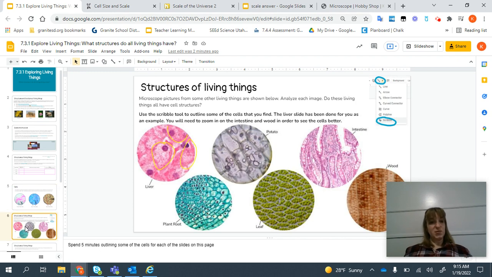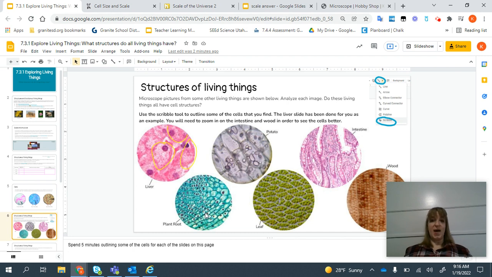So what we're going to do next is on slide 6, I've got some other pictures of different types of living things, and there are cells in each one of these slides. So these are microscope slides, just like we did with the virtual microscope. And we've got a liver slide, we've got potato slide, intestine, wood, leaf, and plant root.